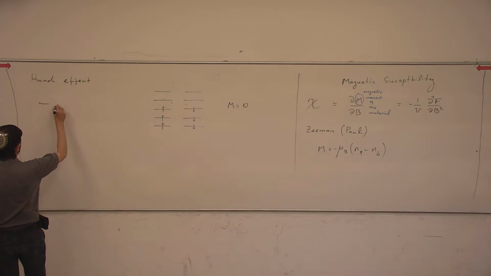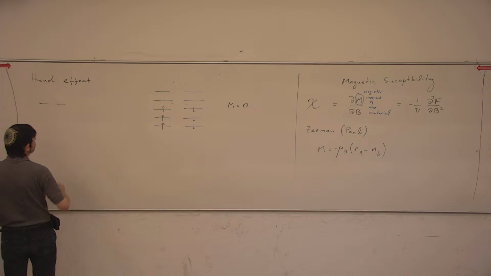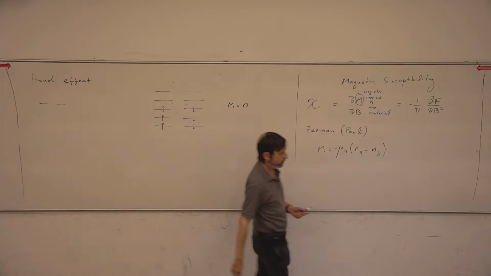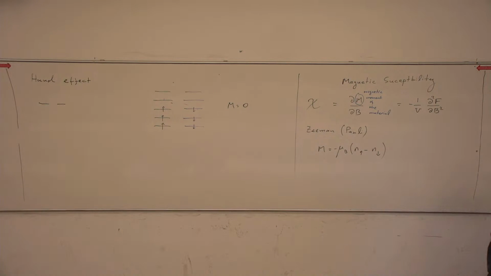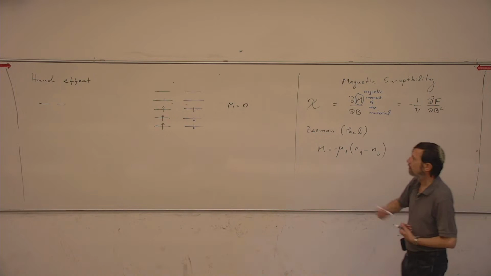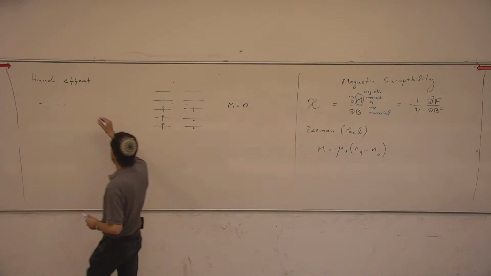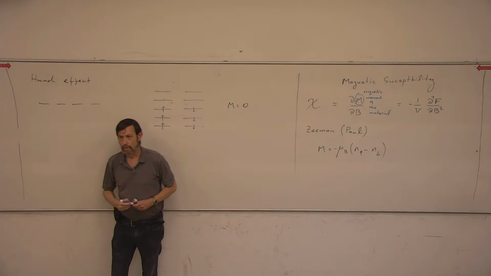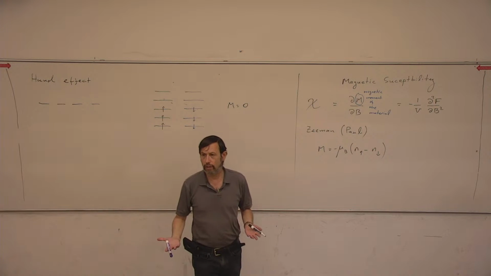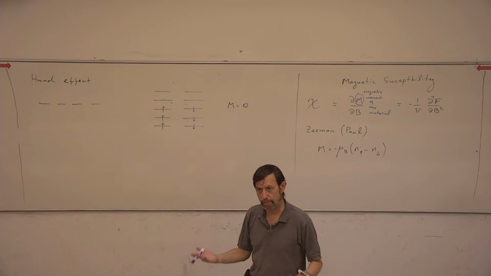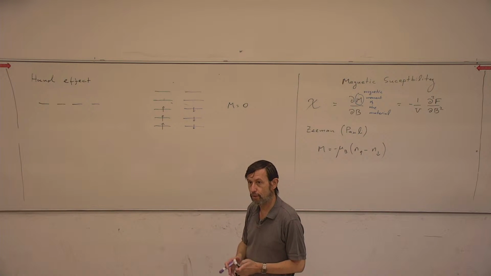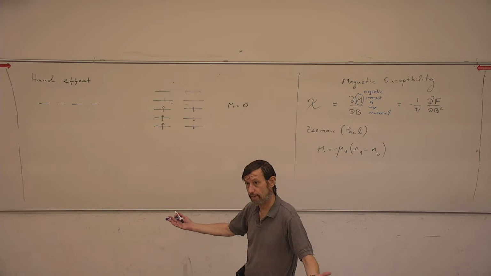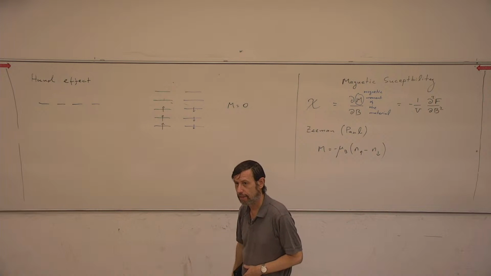So let's say I have 4 states which are degenerate. Usually we have 2 states, spin up and spin down. Here we have 4. Why can it happen? We know that in atoms we can have degenerate states.